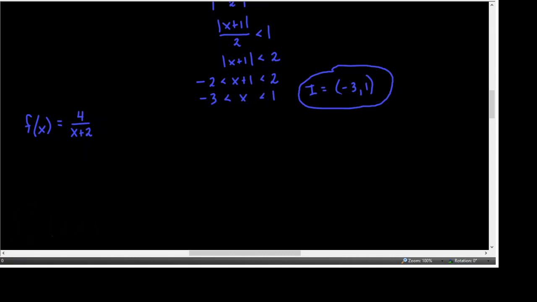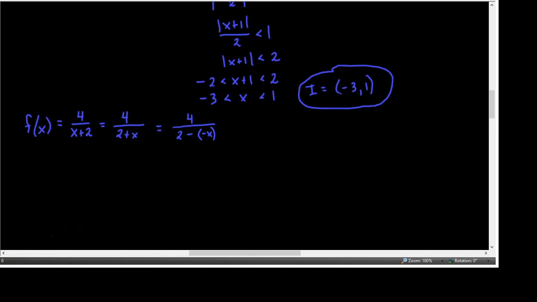The biggest trick is getting it in that form. One of the things I'm concerned about is that this is addition in the denominator, not subtraction. Of course, the good news is the definition of subtraction says that it's the same thing as addition of the opposite. So I can change this into subtraction of the opposite. That's the same thing as 2 plus x, and now it's subtraction.